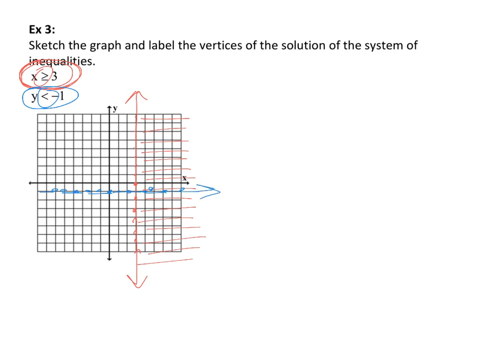And it says less than, so you're shading below. Now your solution is wherever the shaded regions overlap. That green region represents your solution to the system of inequalities.